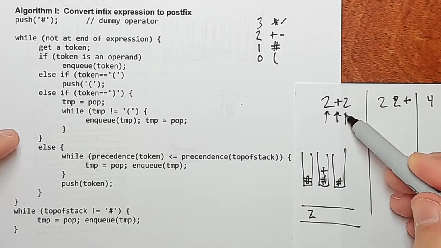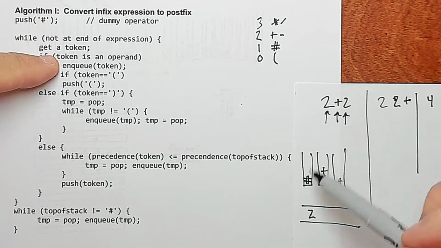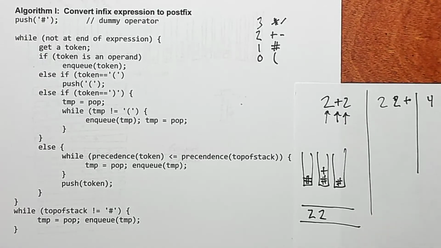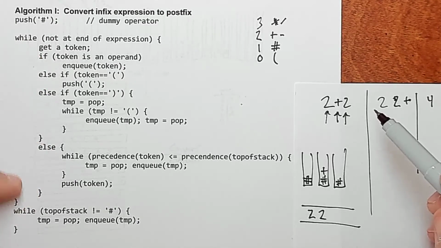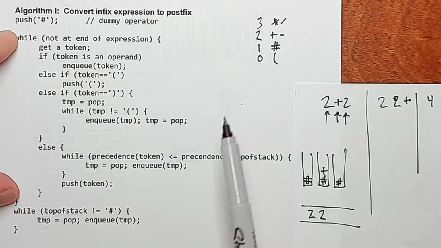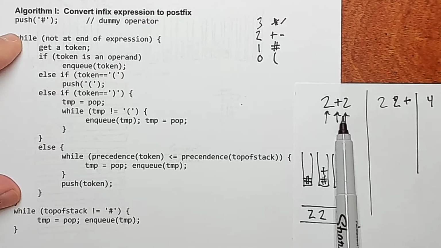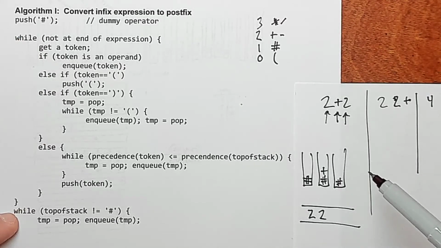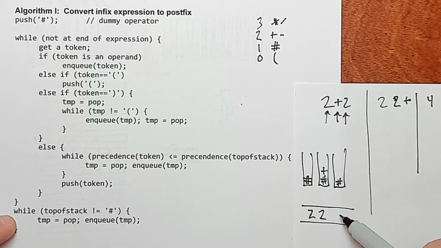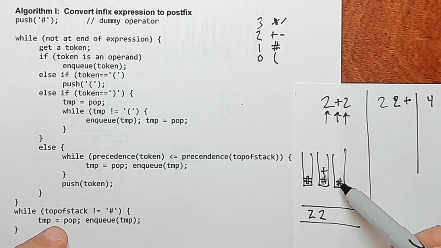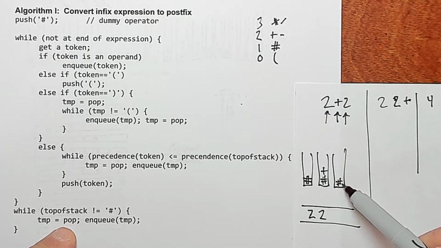Okay, then we get to this one, and that's just an operand, so we enqueue it. We're done with this first loop, which is just scanning this string. Then we come down here, and this loop cleans out the stack and finishes up our expression. While the top of the stack is not equal to a pound, we pop what's in the stack and enqueue it.